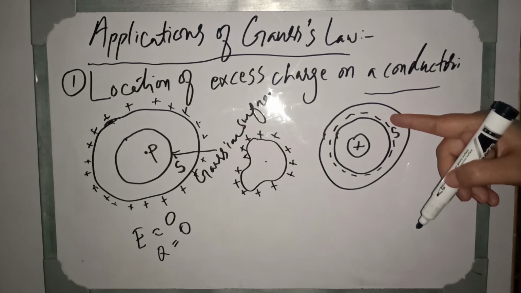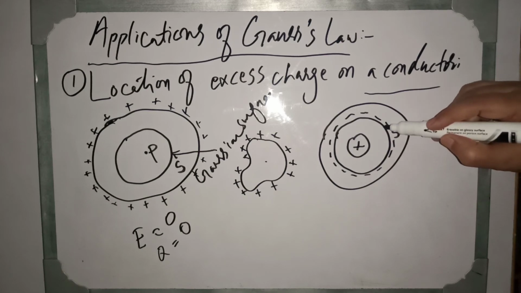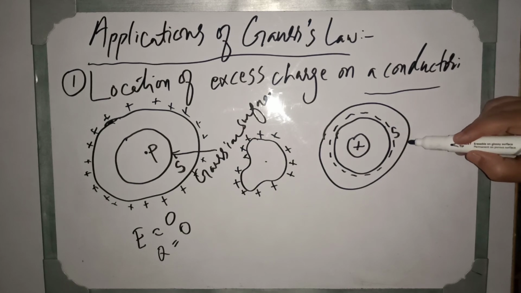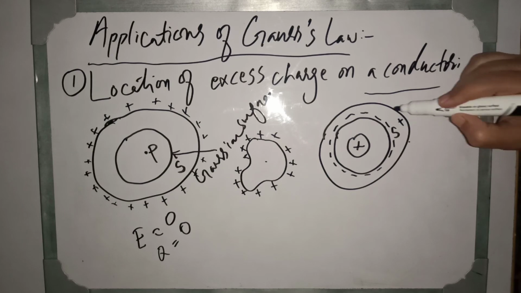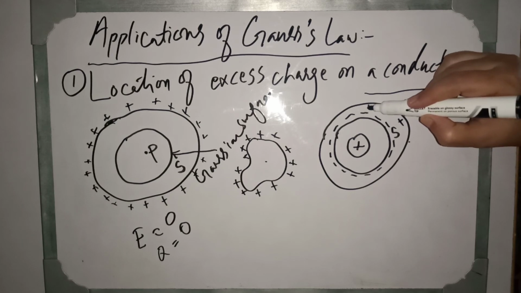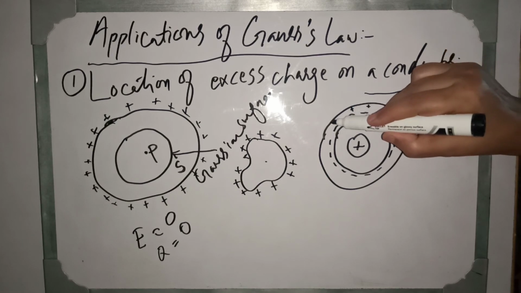So the other surface must have a charge equal but opposite to the charge of the internal cavity. Suppose this is the internal cavity and this is the external surface. If the cavity is carrying negative charge, definitely all the positive charges will reside on the outer surface.